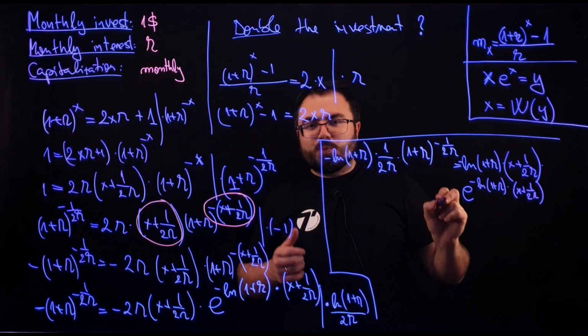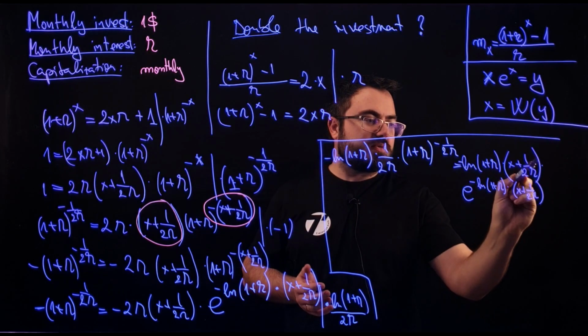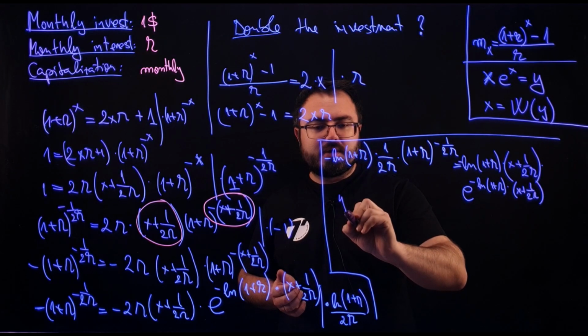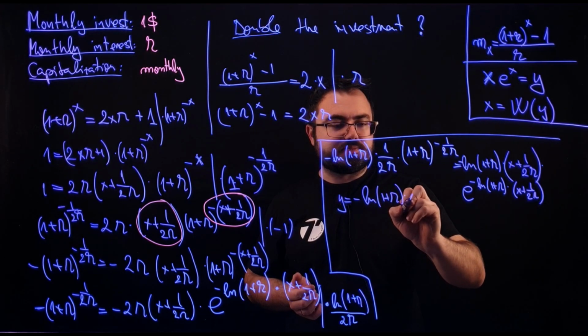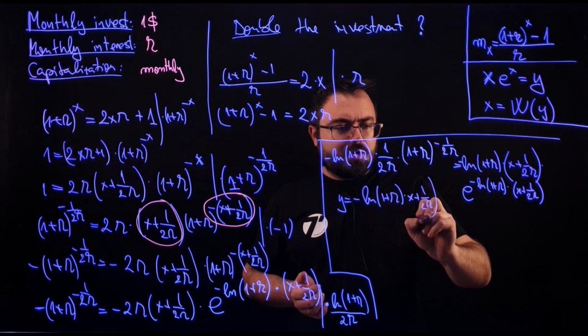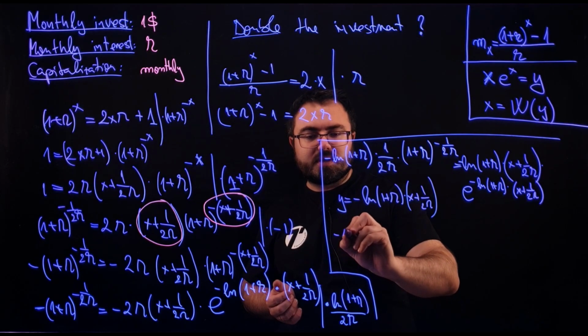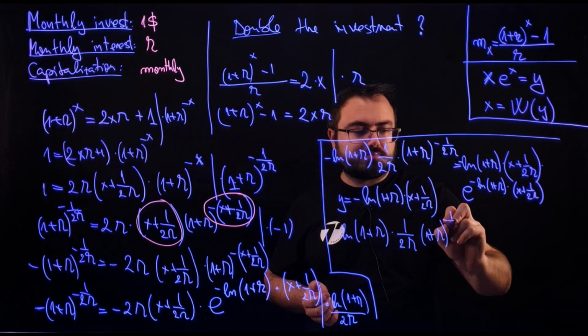And now we can easily make a substitution, because we have minus this here, which is exactly mirrored right here. So we have y = -ln(1 + R) times (x + 1/(2R)). And then our problem becomes y e^y equal to minus the natural logarithm of (1 + R) times the rest.